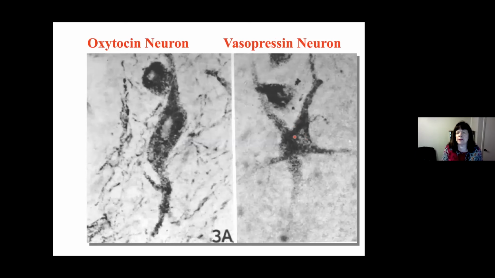And these are higher magnifications just to show you that the labeling is kind of granular, because the oxytocin and vasopressin are stored in secretion granules, and then they're sent down the axon to be released in the posterior pituitary.